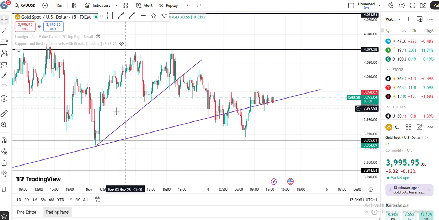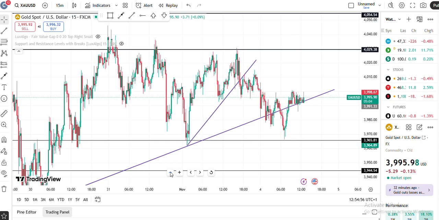Now there are some things that make your trade setup have a higher chance of success. In this particular example, it's important that you know how to identify your key levels, areas of support and resistance.